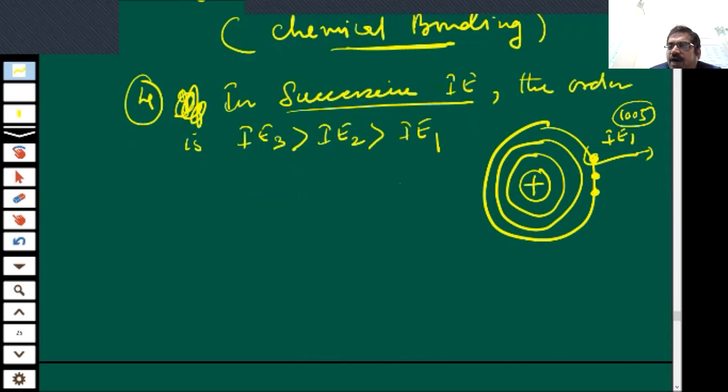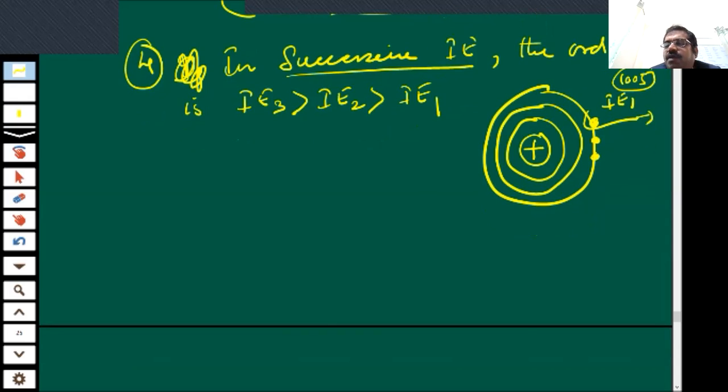Definitely after removing this, the atom or the particle will become small. So when you are in position to remove the second electron, that will be known as IE2. Previously you gave 100 joule. In the second case, you have to give more than 100 joule. Suppose you gave 150 joule.